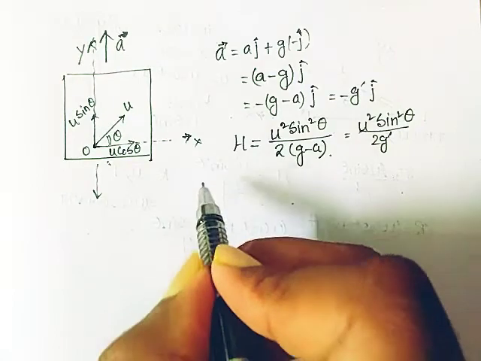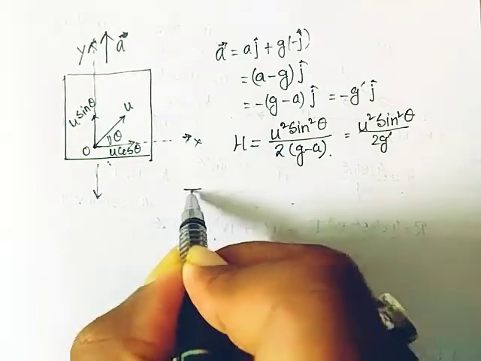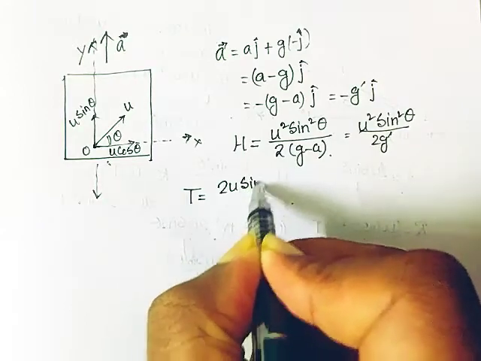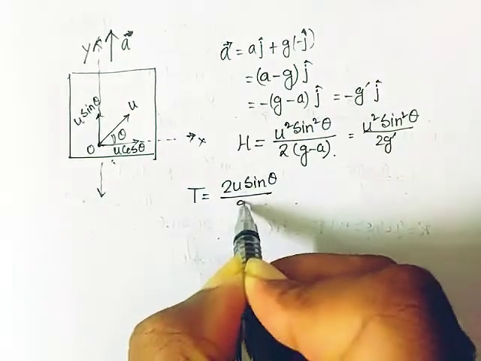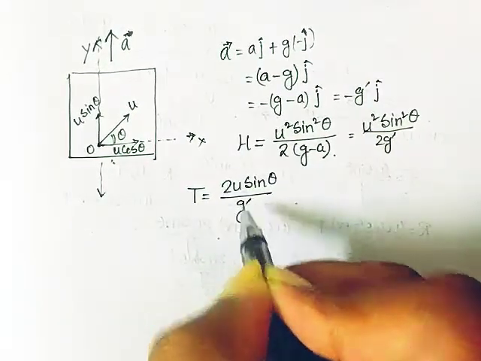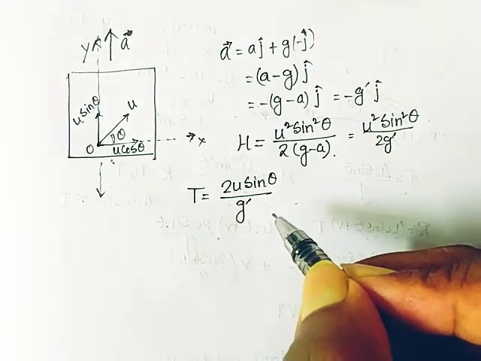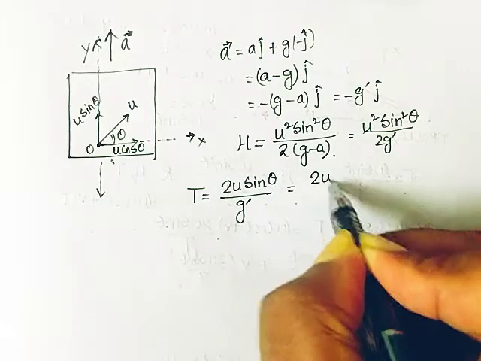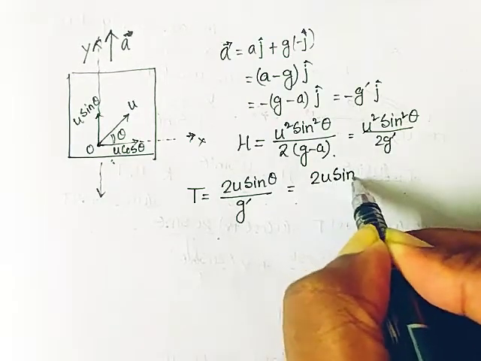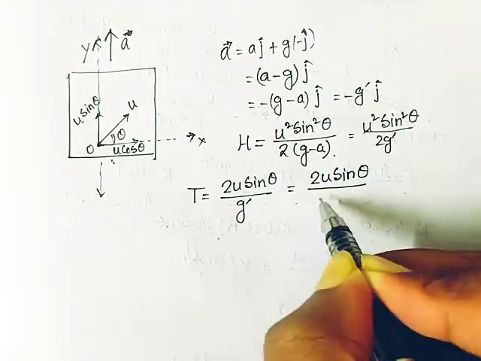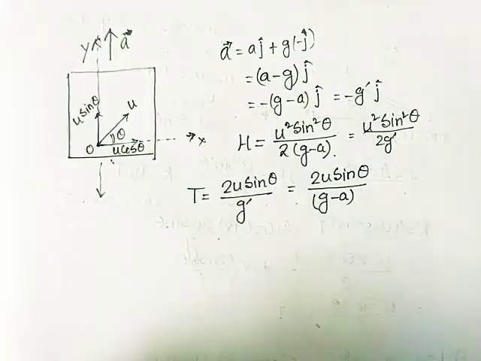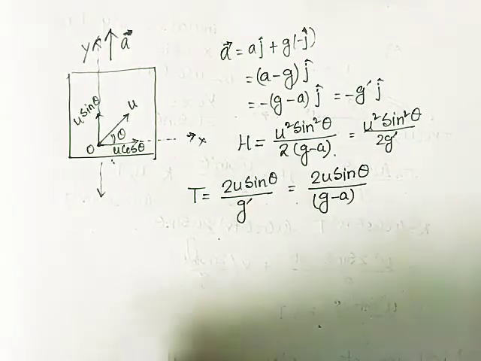Now if I write down the total time of flight, that is 2u sine theta divided by, not g, it will be g prime, the apparent value of acceleration due to gravity. So it will be 2 into u into sine theta divided by g minus a.